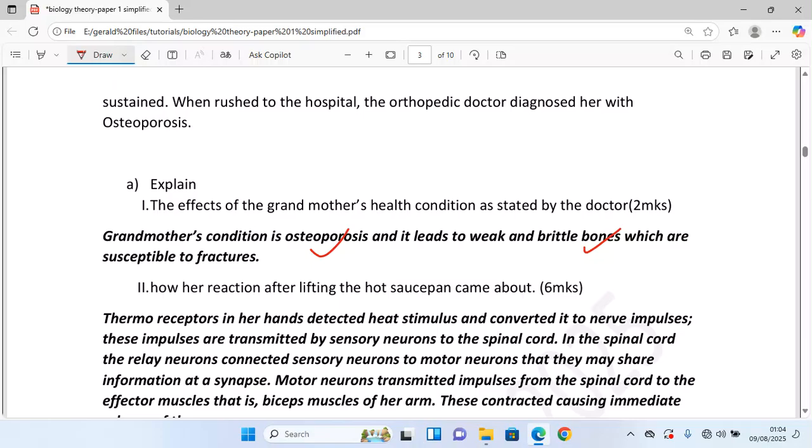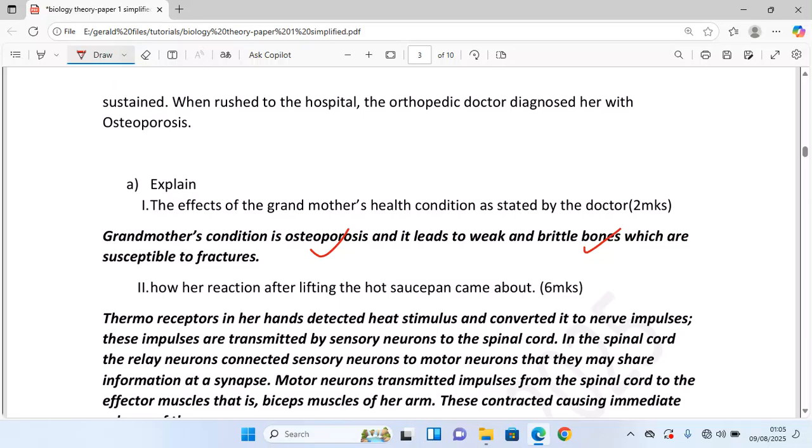You recall that osteoporosis is caused by the over-secretion of parathyroid hormone. When our bodies are having low calcium levels, other body processes need calcium, and what happens is that parathyroid hormone is released, and when it is secreted into the bloodstream, it stimulates a process called bone resorption, where the bone tissue breaks down, leading to loss of calcium ions from the bone tissue, but accumulating the amount of calcium in the blood that will be flowing to other parts of the body.